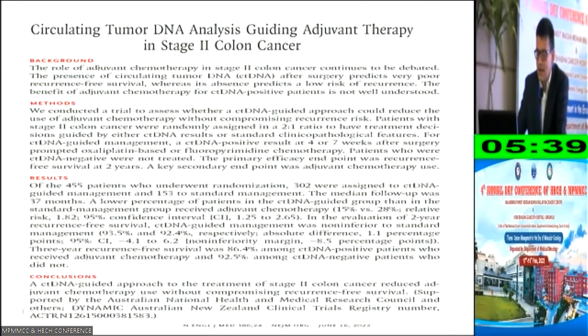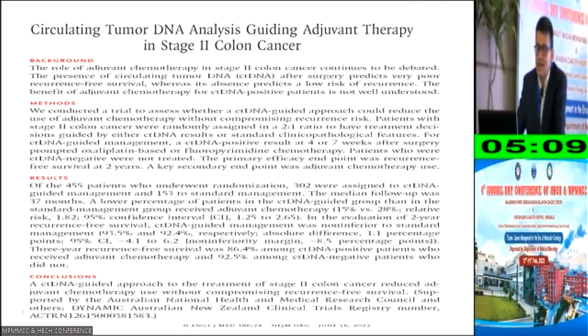The 3-year recurrence-free survival is 86.4% for patients with ctDNA positive, regardless of whether they got chemotherapy or not, and 92.5% if they are ctDNA negative. So this study is a significant study, which tells us that probably just like what we do in breast cancer, if you can sort out patients based on risk stratification, we can do that in stage 2 colon cancer by doing a ctDNA analysis.